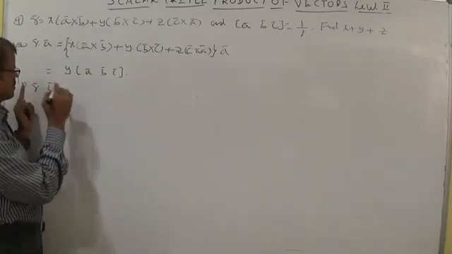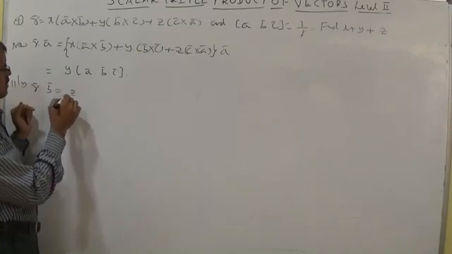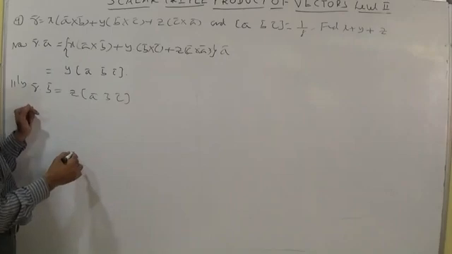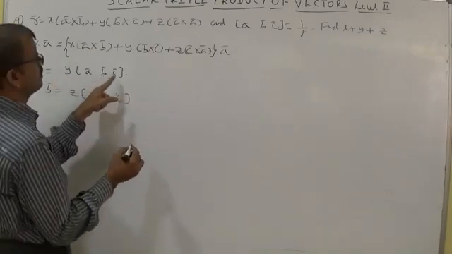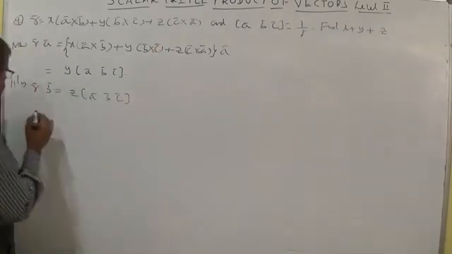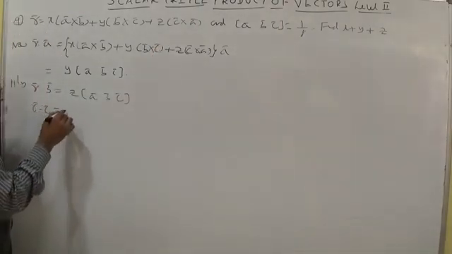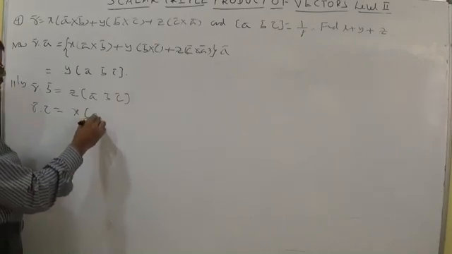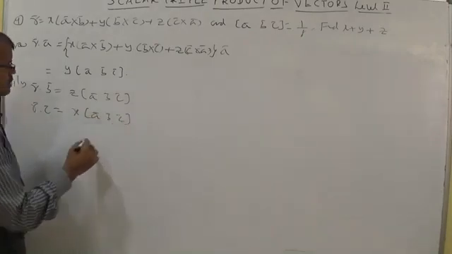So B bar, second letter, this is Z here, next letter. Z into box ABC. Next to R bar dot C bar, C bar, third letter, next letter X here. So X into box A bar, B bar, C bar.